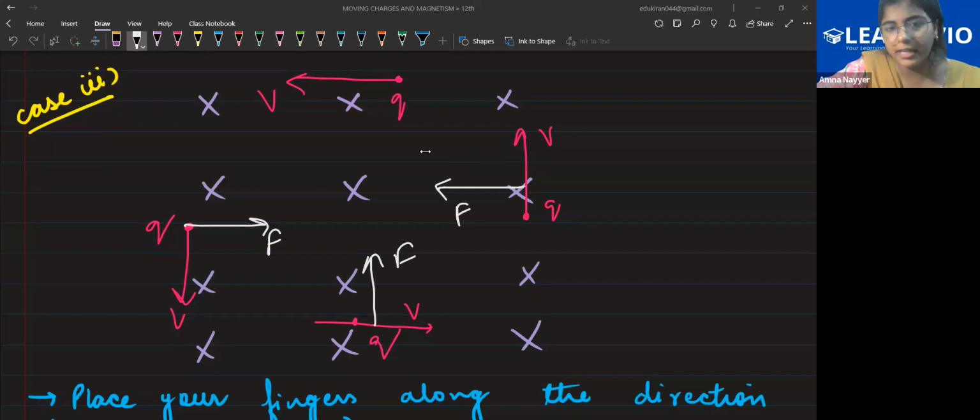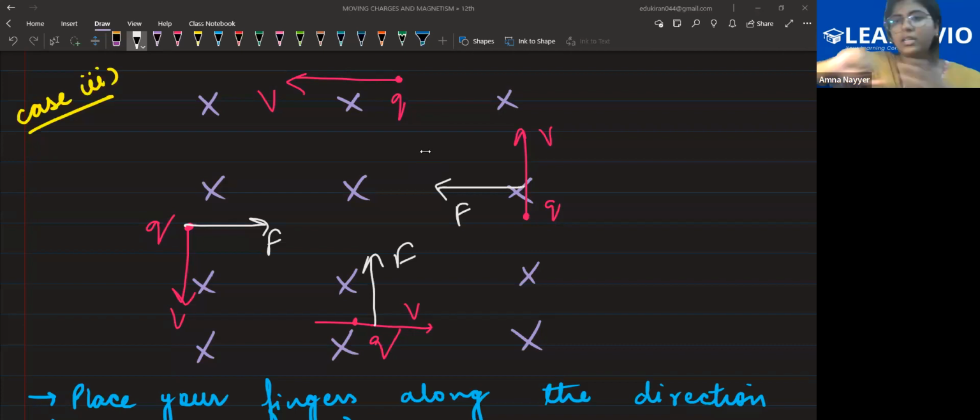Where is the thumb pointing? Wherever is the velocity, your hand should point towards the velocity. Magnetic field is inwards. So curl your finger inwards. Where is the thumb going? Downwards, correct.